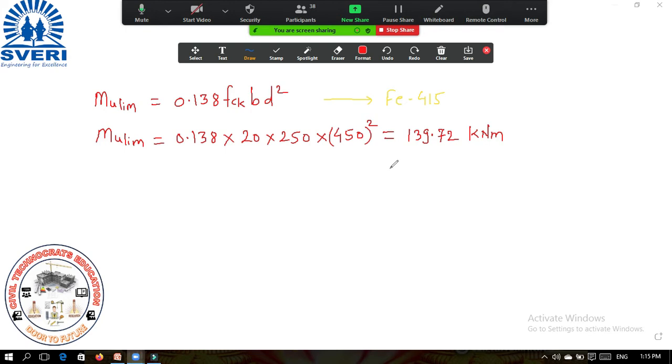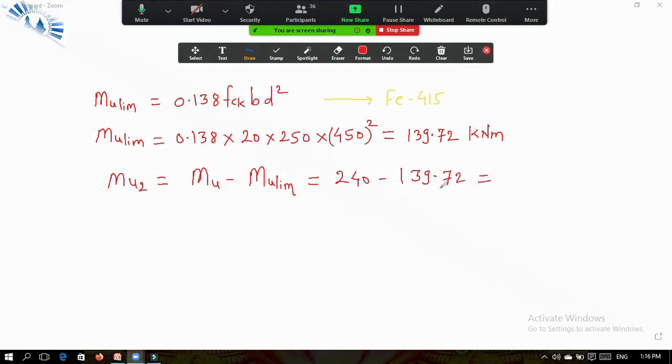So we need to calculate the additional moment, and for that additional moment we need to provide additional steel. The additional moment can be calculated as Mu2 is equal to Mu minus Mu limiting. So here Mu is 240 minus Mu limiting, 139.72.